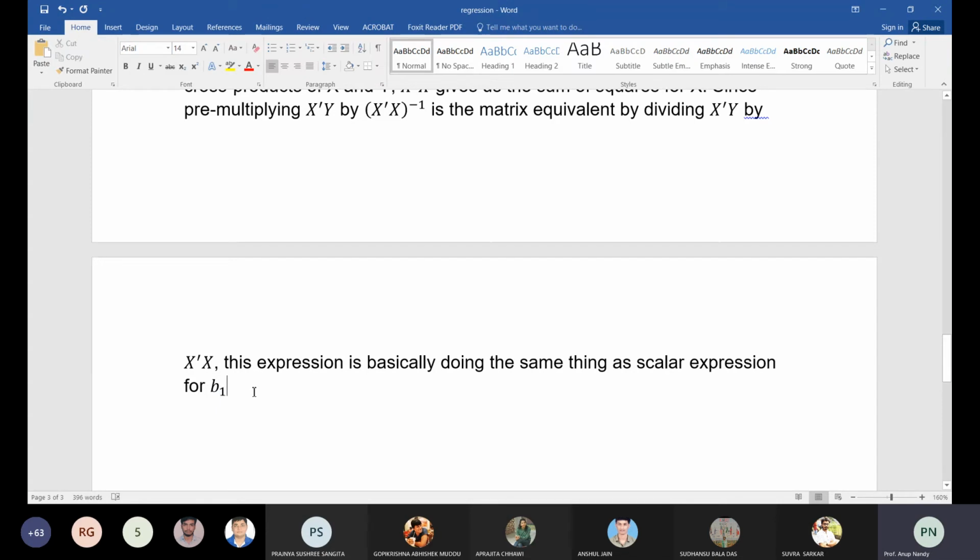Okay, this expression is basically doing the same thing as the scalar expression for b1.